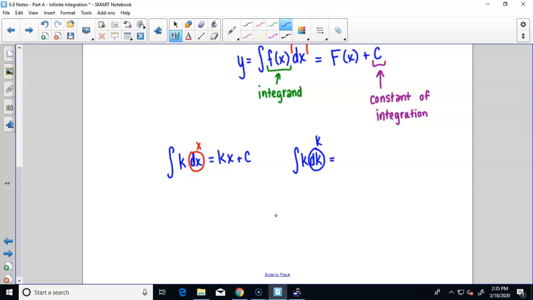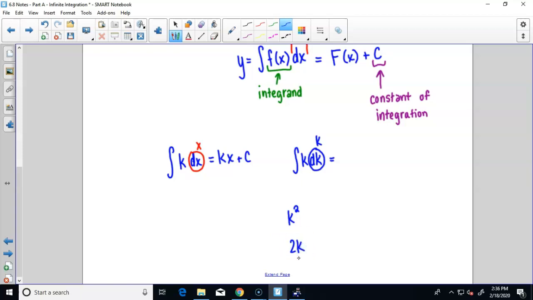This one's harder. Like, for example, if I tried k squared, what's the derivative of k squared? 2k.